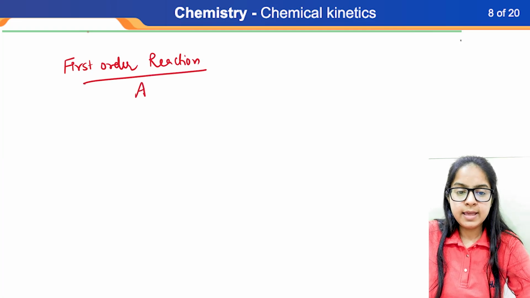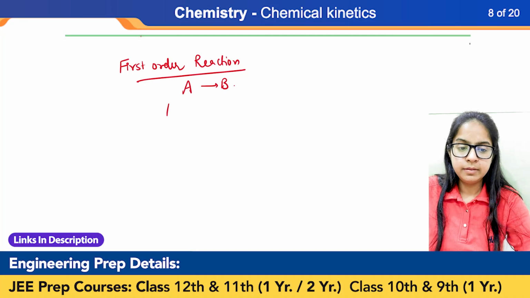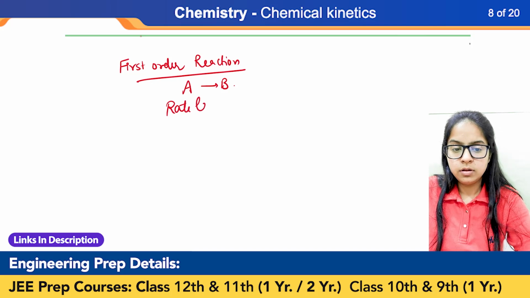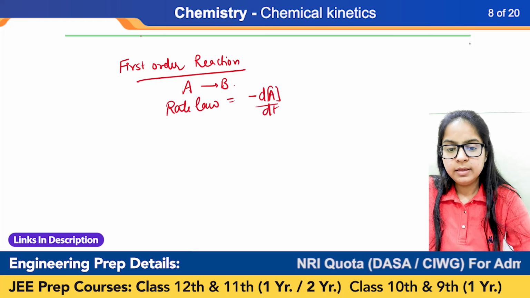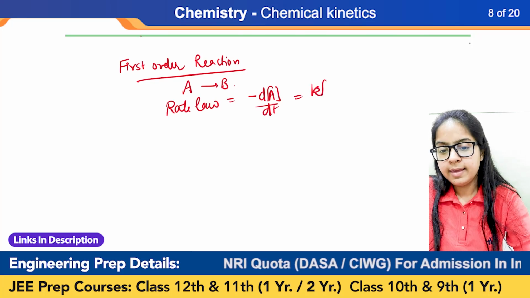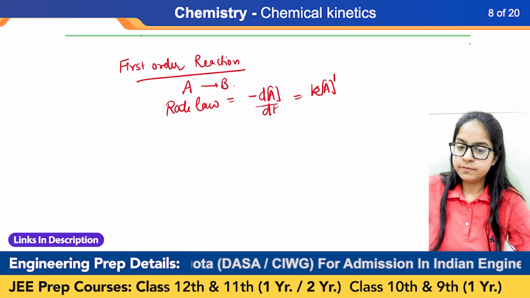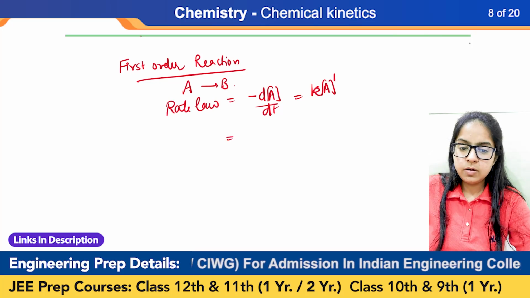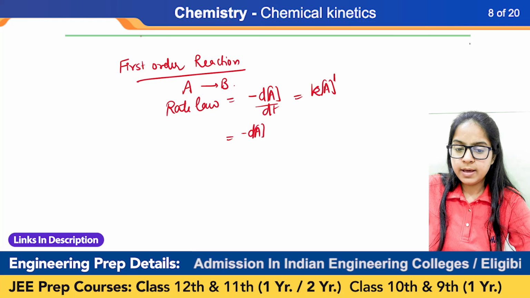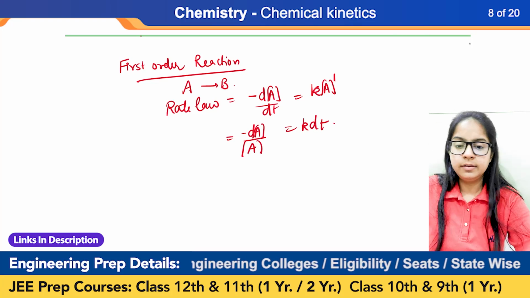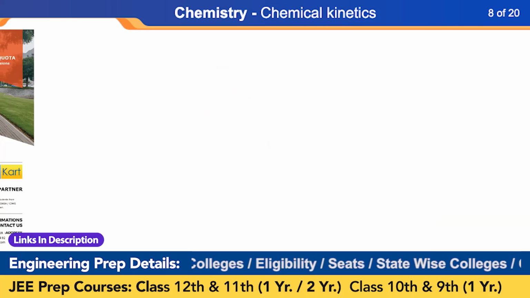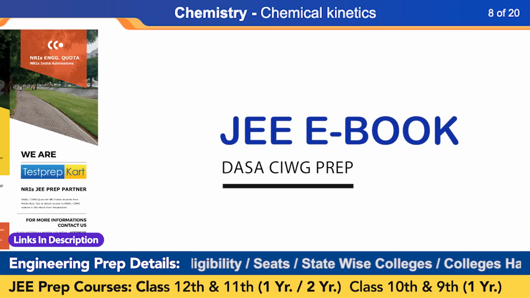Suppose again I have A giving B. Rate law will be equal to minus dA by dt is equal to k A power 1 because it's a first order reaction. Now minus dA by A is equal to k dt. You can integrate on both sides.